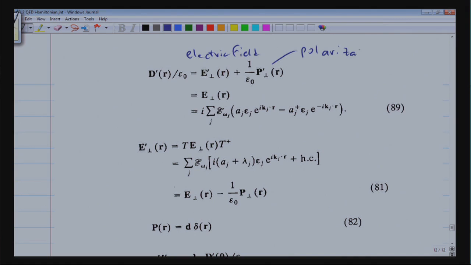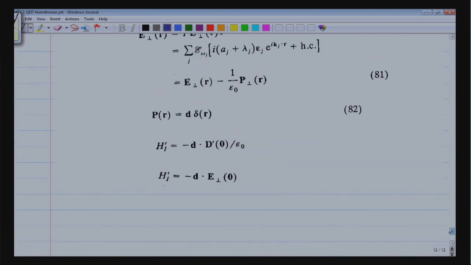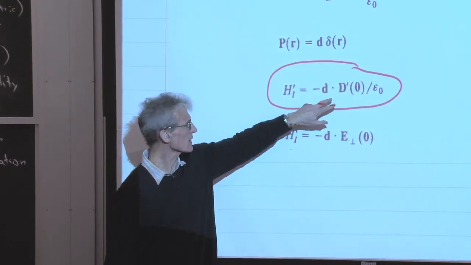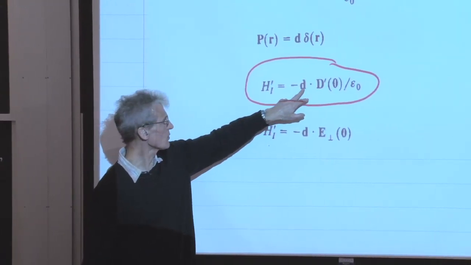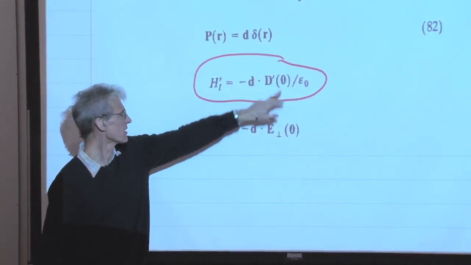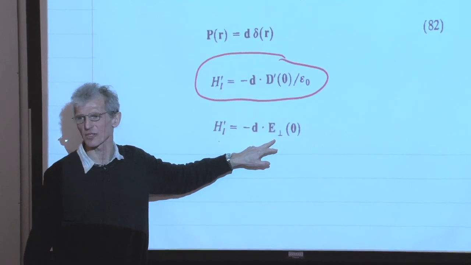It's pretty much the same as in classical E and M. And at the end of the day, we have now, for the primed operator, for the Hamiltonian after the canonical transformation, after the unitary transformation, the only interaction term which remains is the electric dipole interaction between the dipole and this field D, but the field D prime corresponds to the original transverse electric field.